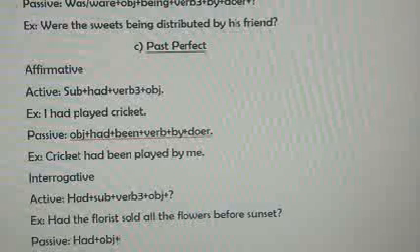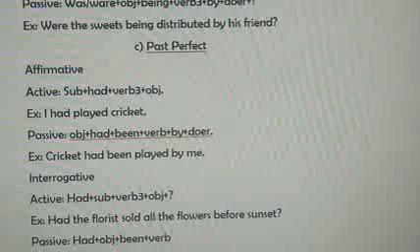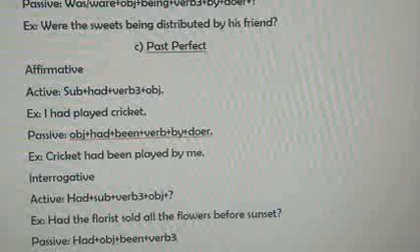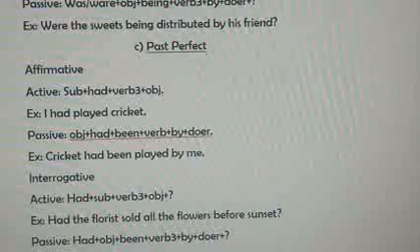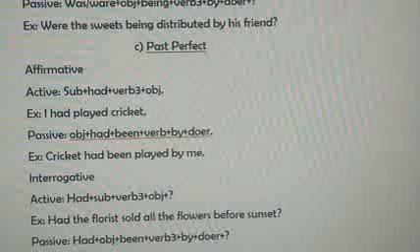After that, we need to join been. Then after, as we already know, the third form of verb will be applied. After that, use by, and then the selected doer will be placed along with the sign of interrogation. Okay, now I need to write its passive form.